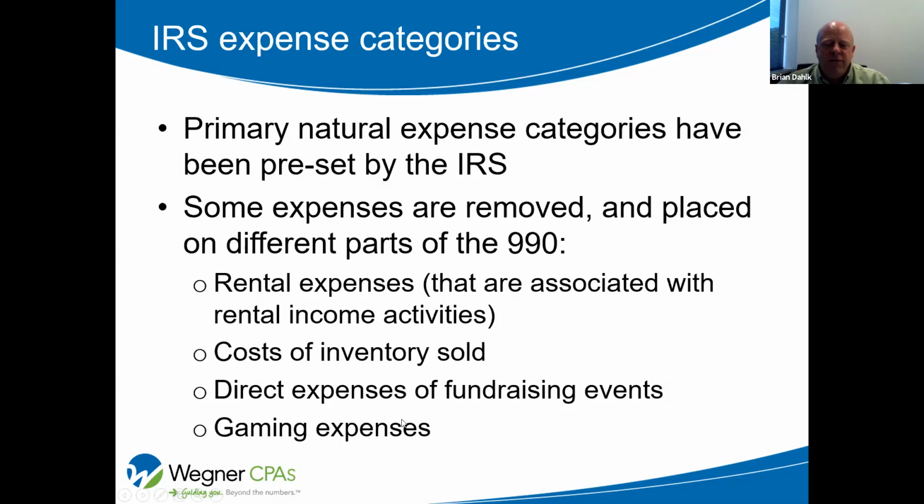These are all moved out of the functional expense part of the 990, and they are put into Part 8, which is essentially a deduction from revenue. That's how they're categorized in the 990. And the last two expenses, the expenses related to fundraising and gaming, if the gaming and the fundraising events were significant, they also go on a separate schedule called Schedule G.